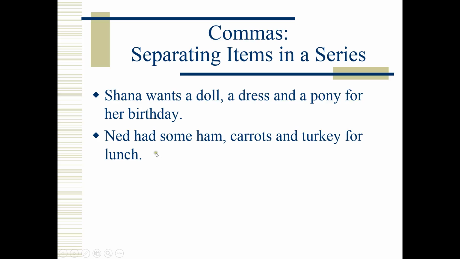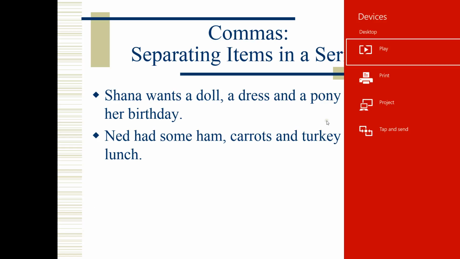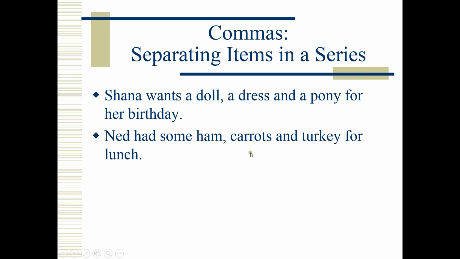But as you can see in both of these examples, based on what I just told you about independent clauses, on either side of this conjunction here, or that one there, we most definitely do not have an independent clause, and therefore, strictly speaking, do not need a comma here or here.